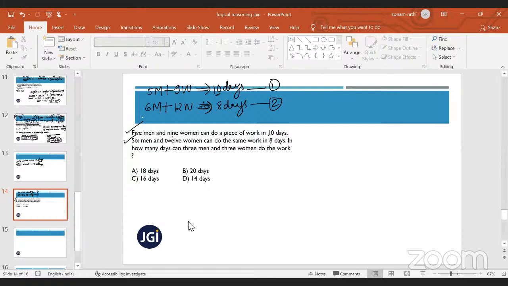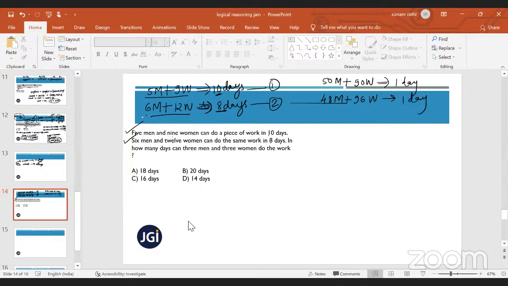So if I want to make it 1, divide by 10, multiply by 10. If I want to make it 1, divide by 8, multiply by 8. So 50m plus 90w is equal to 1. And this one, 6 8s are 48 men plus 12 8s are 96 women is 1 day.